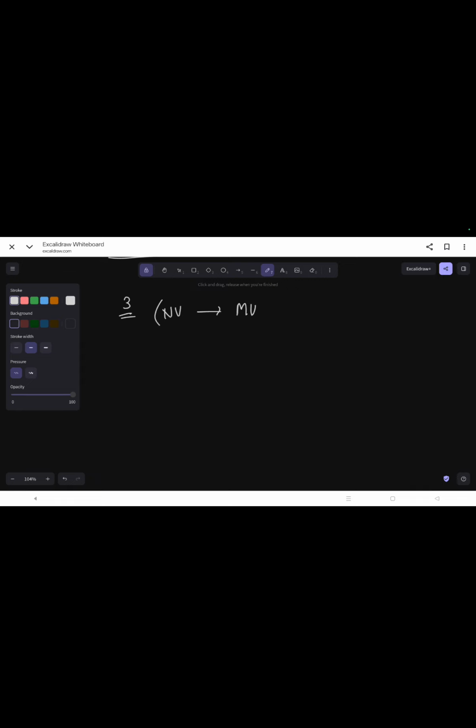The nominal value is the initial price and the market value is the increased or decreased price. Now read the question: a man buys 250 10-rupee shares. That means the number of shares is 250 and the nominal value is 10. He bought the 10-rupee shares at 12.5.